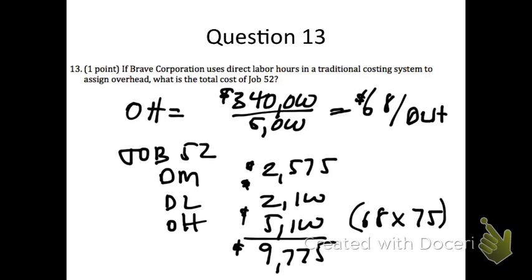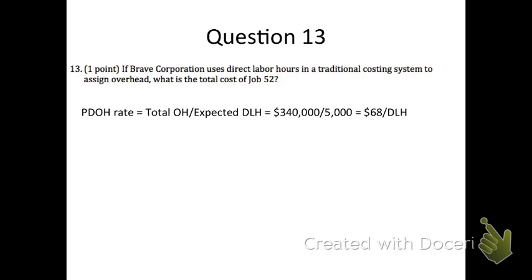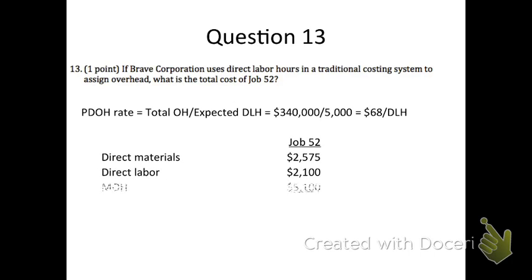For question 13 again, adding direct materials, direct labor, and overhead, we get a total on job 52 of $9,775, with overhead assigned based on direct labor hours. This is just going through and showing you the answer again in a different way.